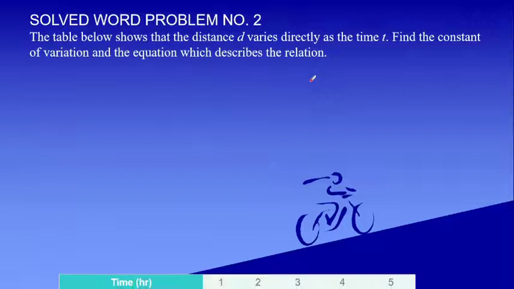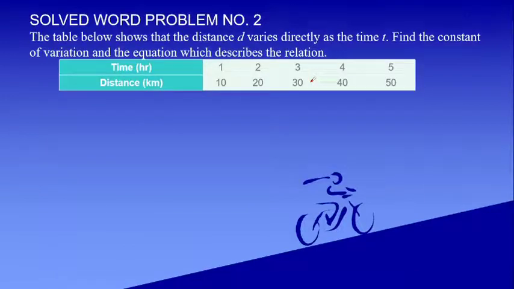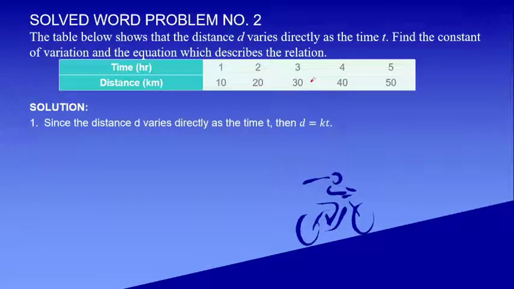The table below shows that the distance d varies directly as the time t. Find the constant of variation and the equation which describes the relation. Solution: since the distance d varies directly as the time t, then d equals, so that varies means equal directly.